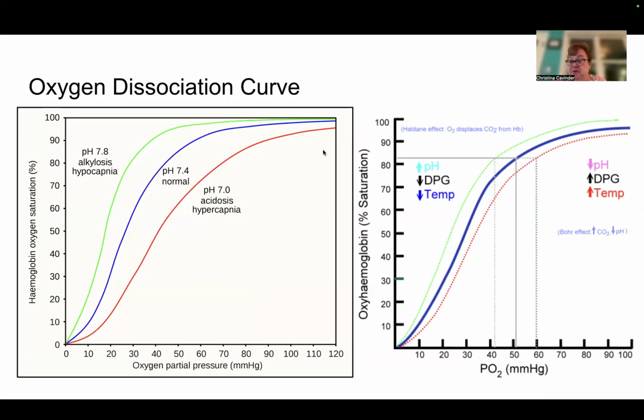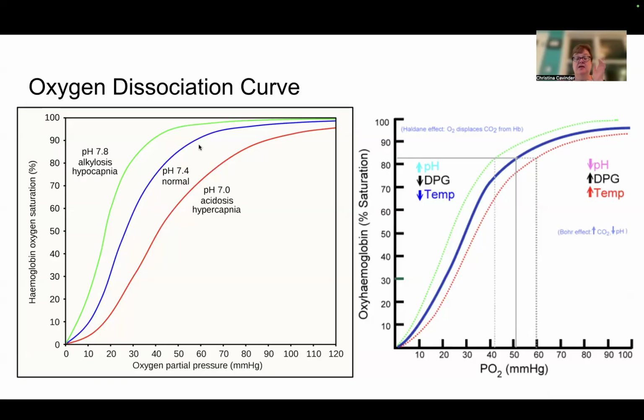Now, we don't want a PO2 of 200. Remember, we talked about how oxygen is a free radical. It causes damage. We don't need those high oxygen levels. And we certainly don't need those high oxygen levels in a patient that has chronic lung disease because that's their drive to breathe. So for those patients that come in the ED or come into your office and they don't look so good and they're having trouble breathing and they've had chronic lung disease, and you put that oxygen saturation on and it says it's 91 and you don't like that number, so you give them oxygen, they're going to stop breathing on you.